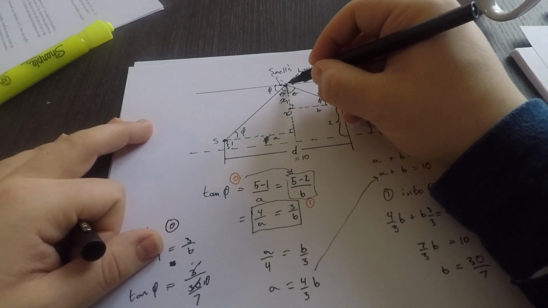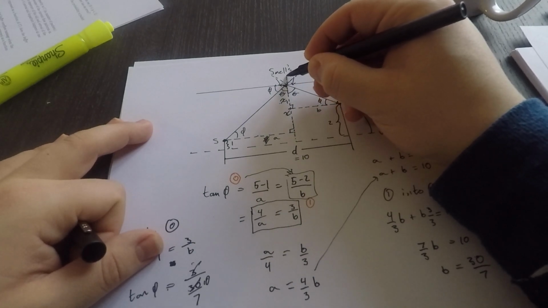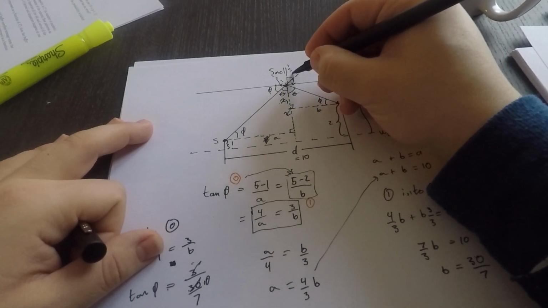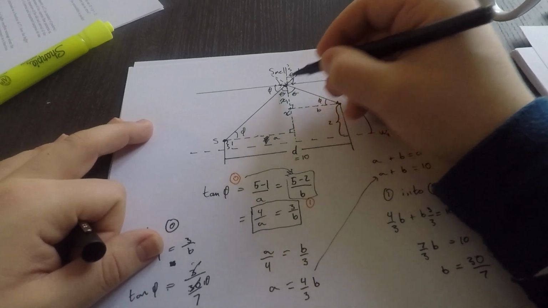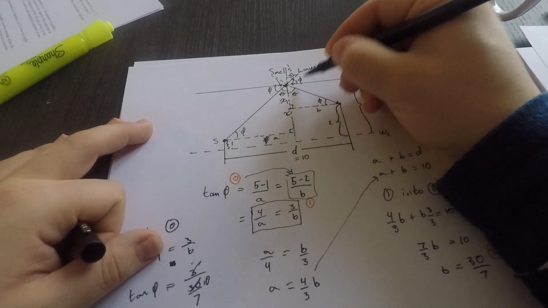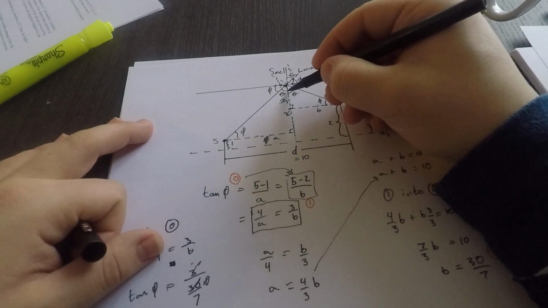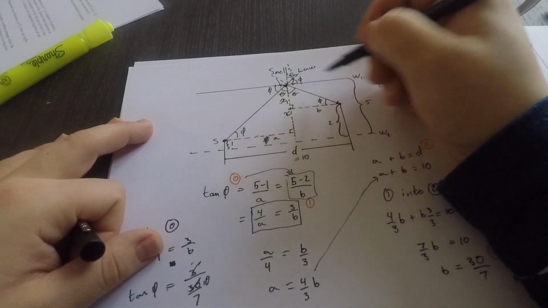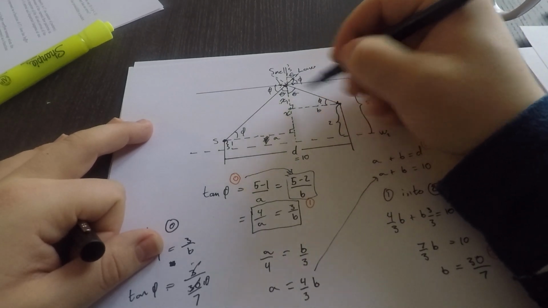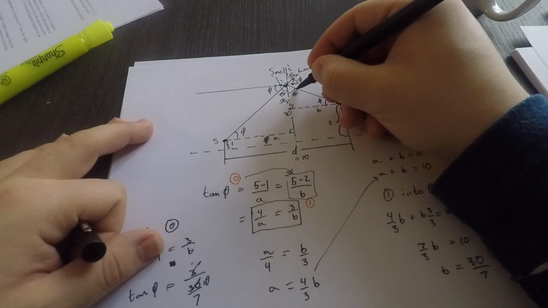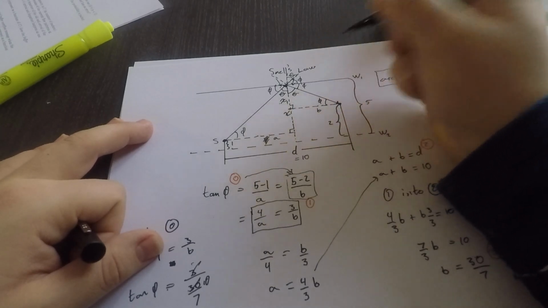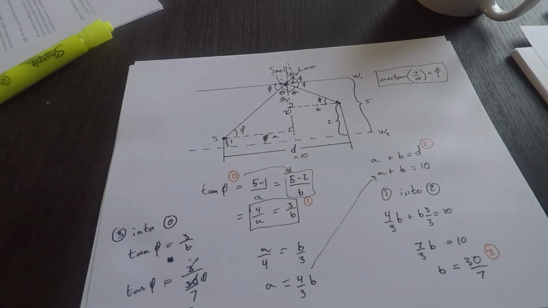And then this angle here would be theta, and then this angle here would be phi, and this is a straight line, so then I know that phi and theta equal 90, so I can come back here and recognize that, hey, this must be phi, right? Okay, so that's how you would solve it without Snell's law.